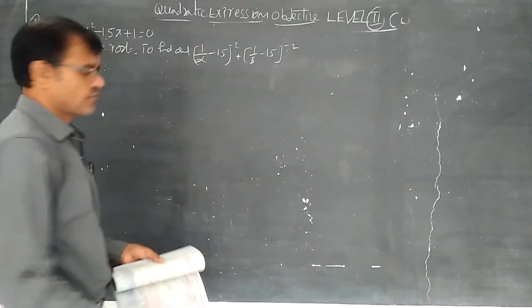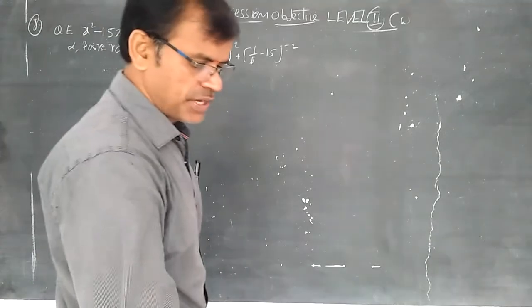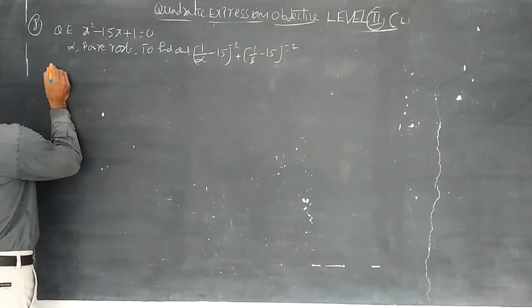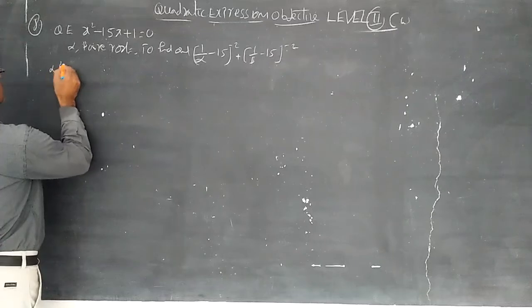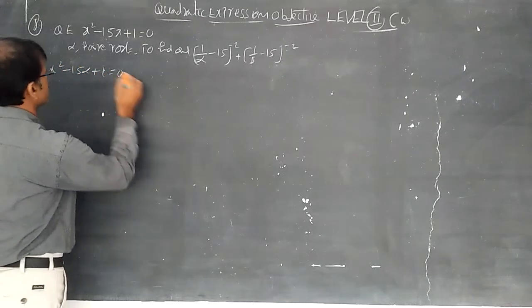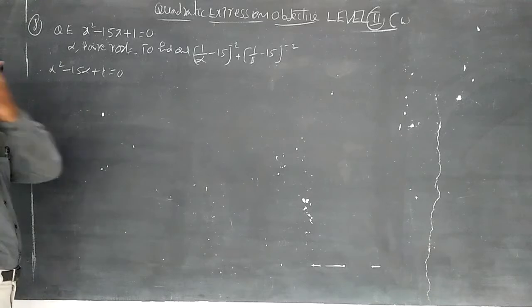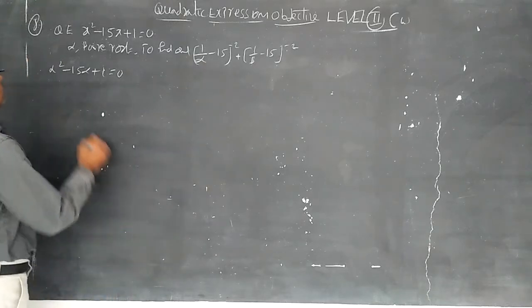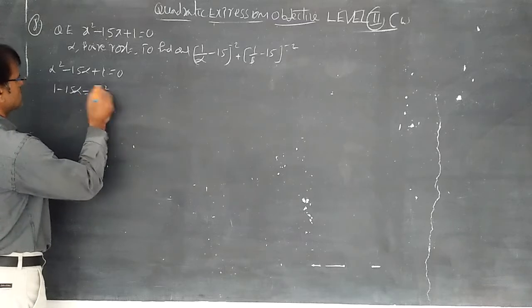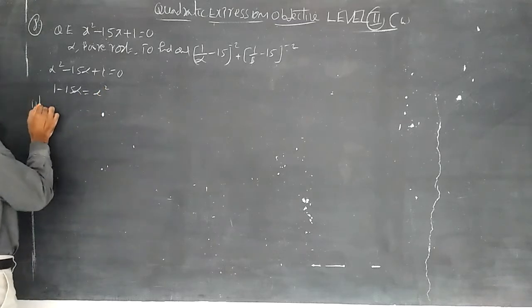What is the value of 1 by alpha minus 15? You write here alpha square minus 15 alpha plus 1 equal to 0. So 1 minus 15 alpha is equal to alpha square.